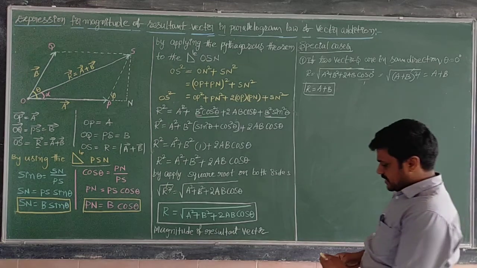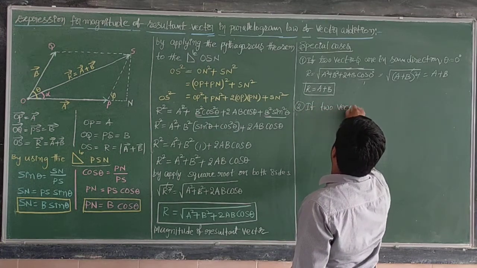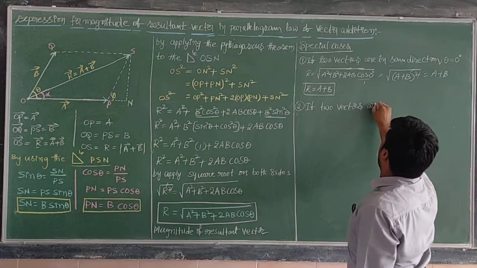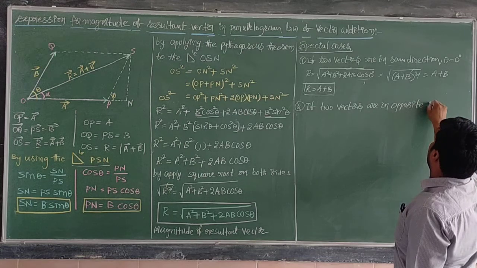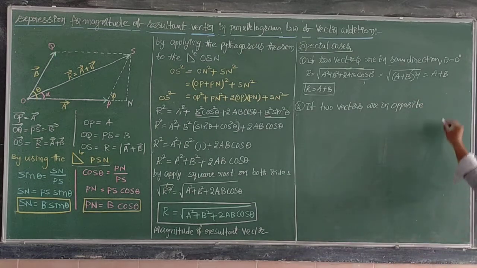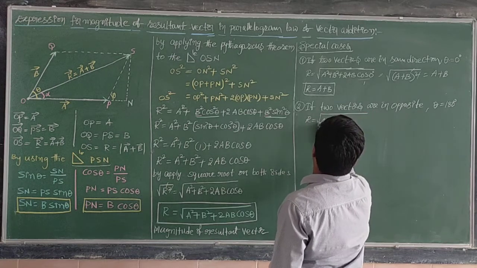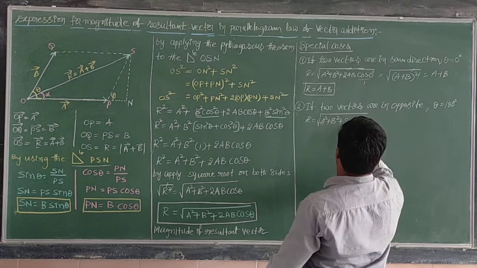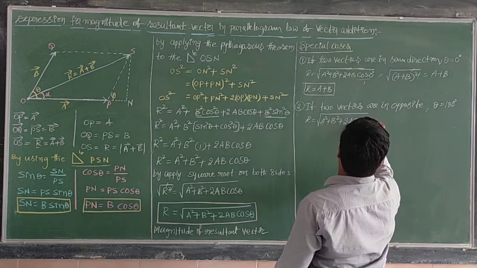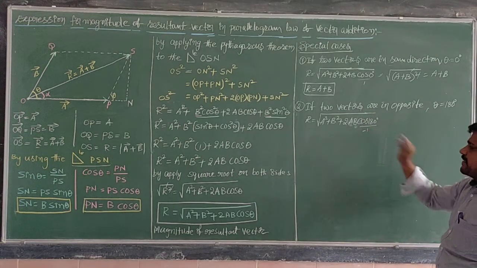Next, the second case: if the two vectors are in opposite directions, the angle is 180 degrees. So R is equal to square root of a square plus b square plus 2ab cos 180. Cos 180 value is -1.